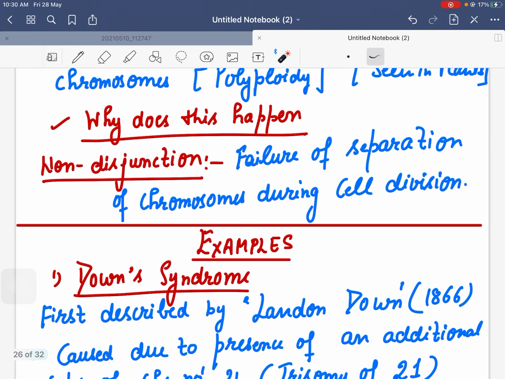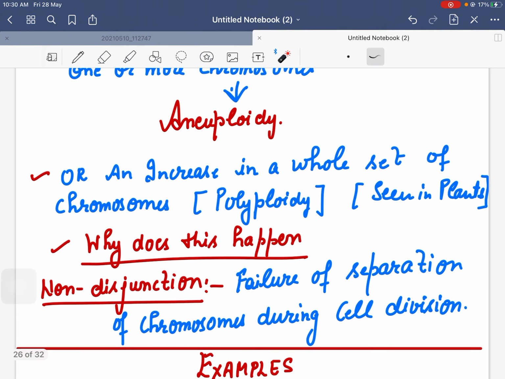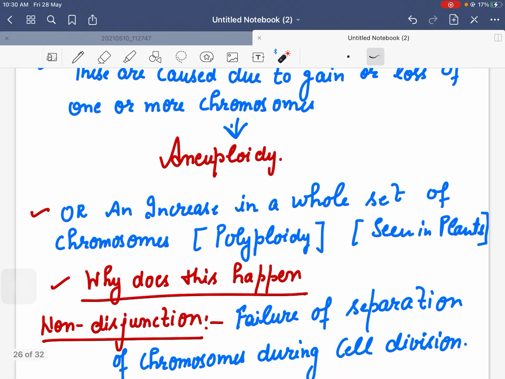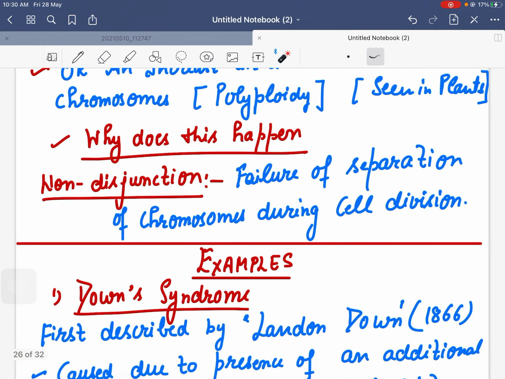And we discussed why this happens, why there is addition or loss of chromosomes. That is because of something disturbing during the cell division. See, cell division is a very controlled process. Any disturbance, any defect during this time is going to lead to some disorder, right?